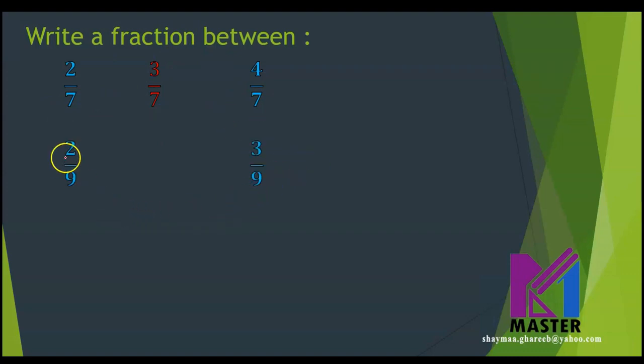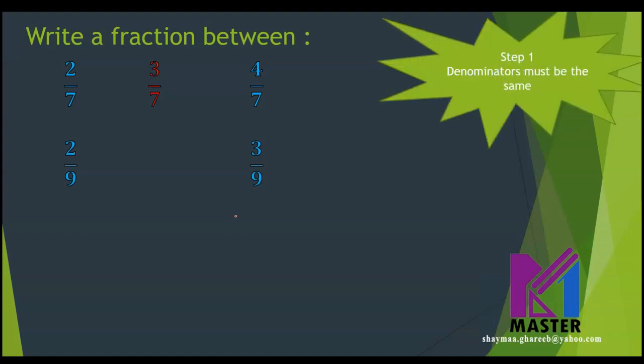So what if I have 2 ninths and 3 ninths? Are there any numbers between 2 and 3? No. So what should I do then? First of all, to find fractions between fractions, the first step, you have to make sure that all denominators are the same. So denominators must be the same first, then we are going to go to the next step.